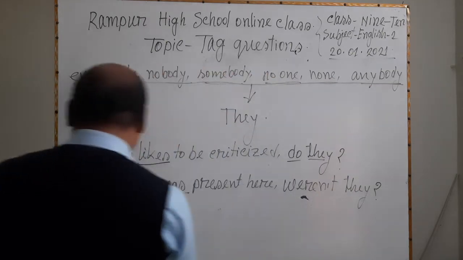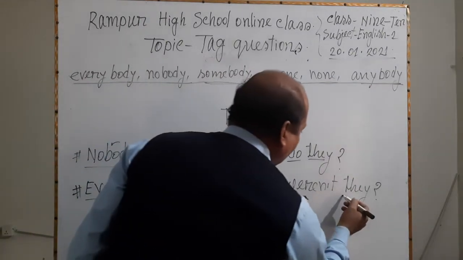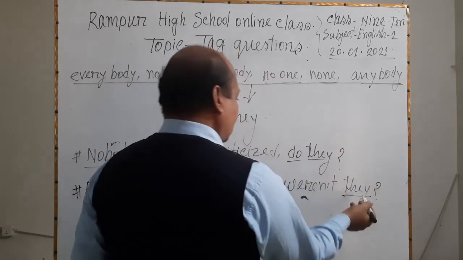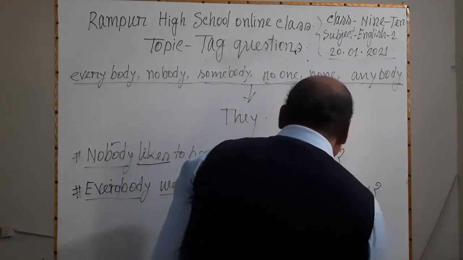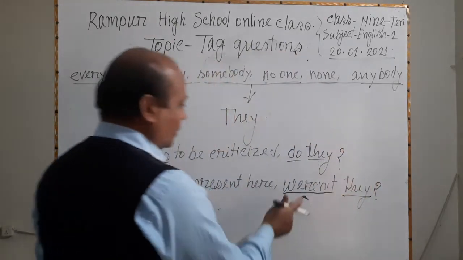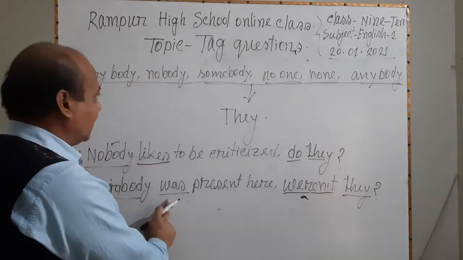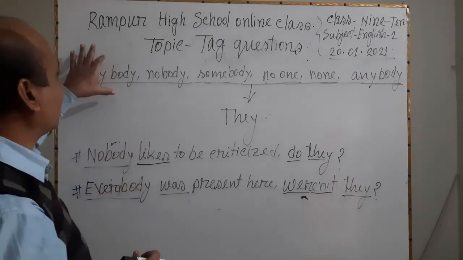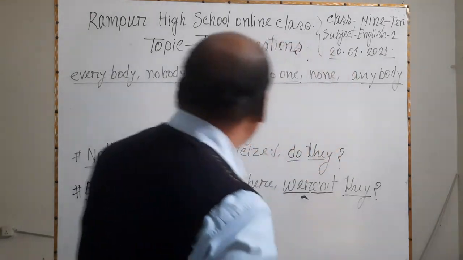Dear learners, for everybody we have used they as a plural subject. So here we have used were instead of was. I think you have understood the topic very clearly.